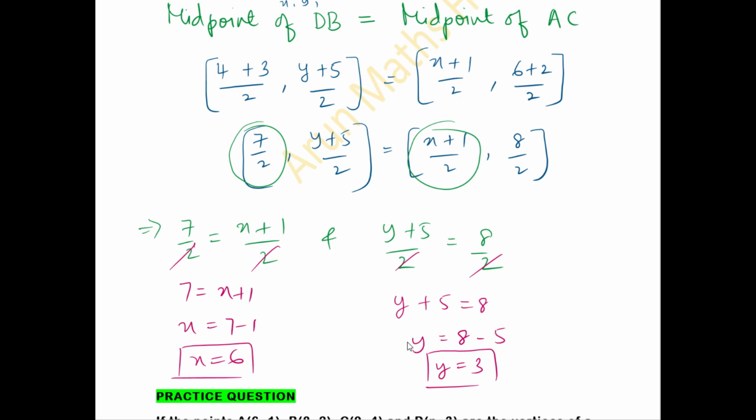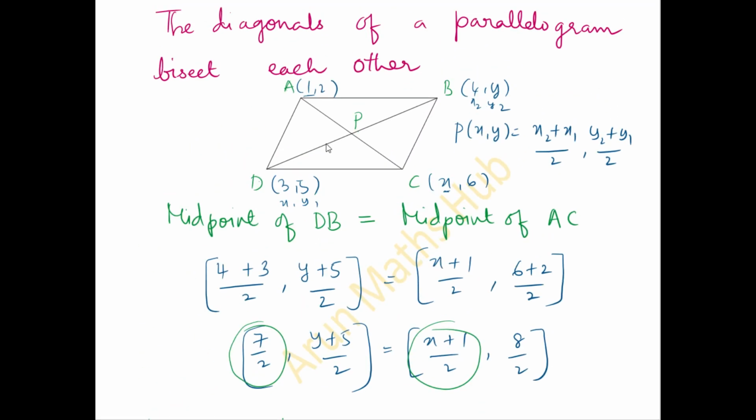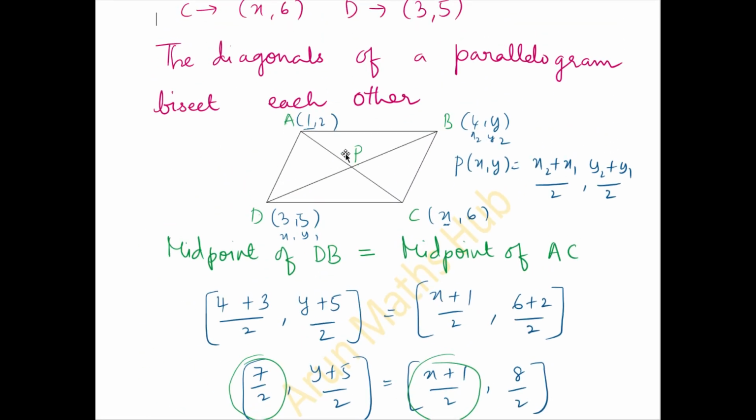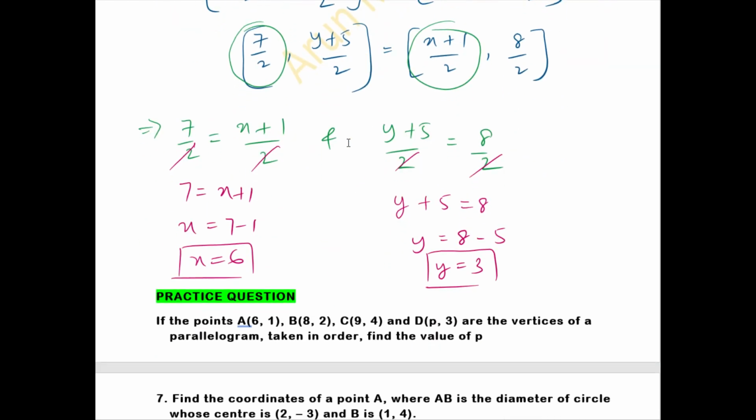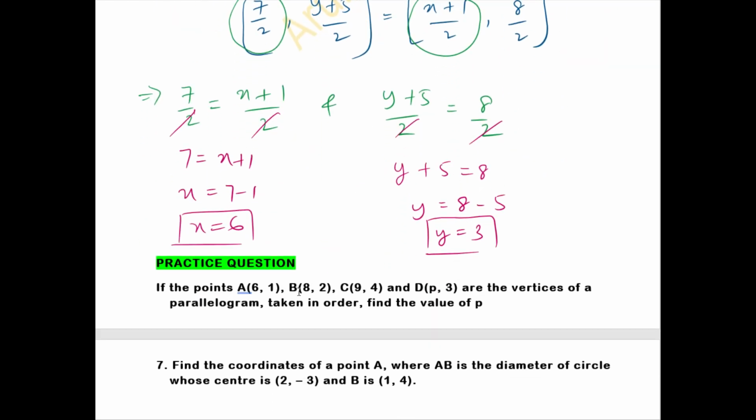Students, the concept is simple. The diagonals of a parallelogram bisect each other. That means the midpoint will be the same for both diagonals. By using this concept and the midpoint formula, we can find the value of x and y. That is, x equals 6 and y equals 3. Here is a similar question for you.